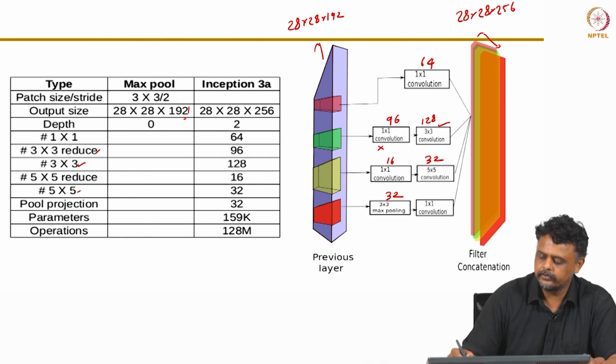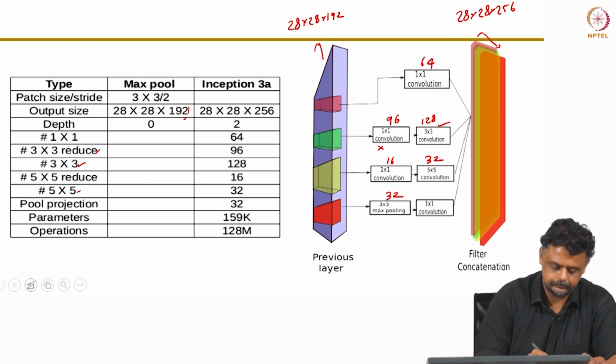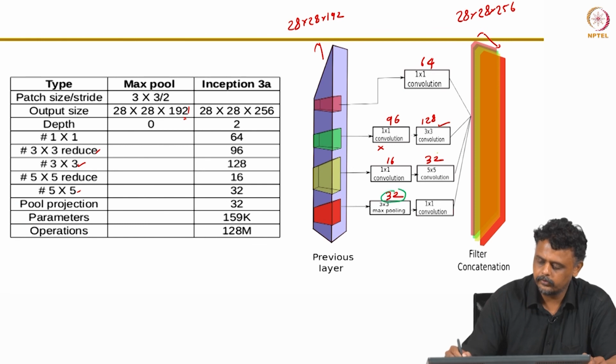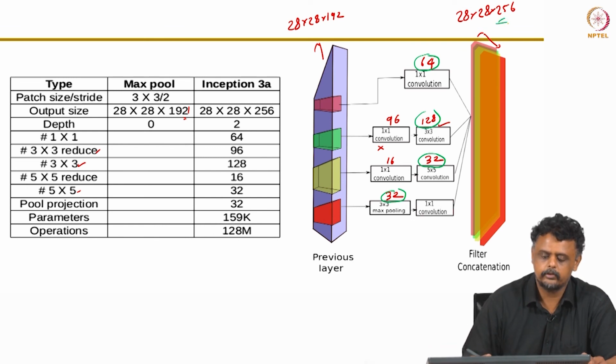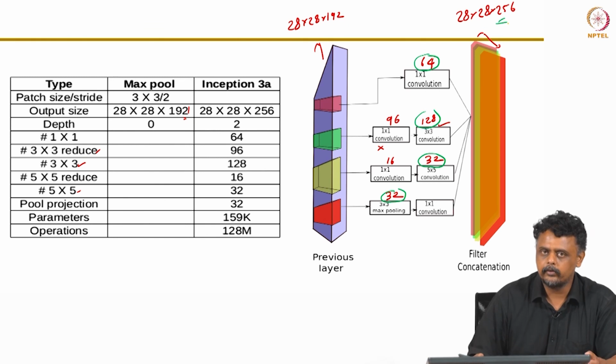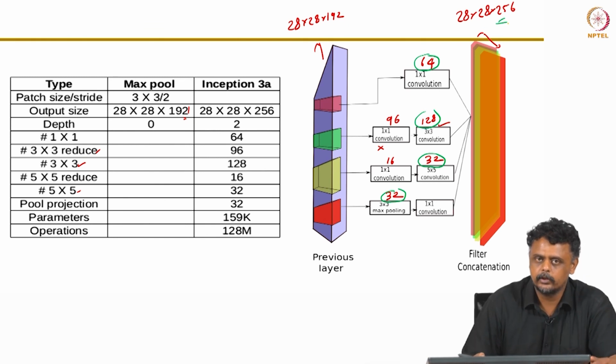So, the total number is, if you put these together, you get about 256 output feature maps. This is just for one inception block, okay. So, you can work through the table in the paper and see if the calculations are consistent with the structure that I showed you earlier, okay.